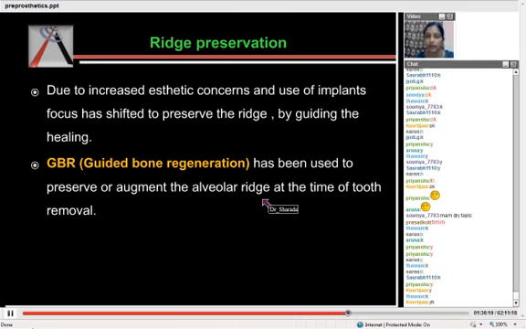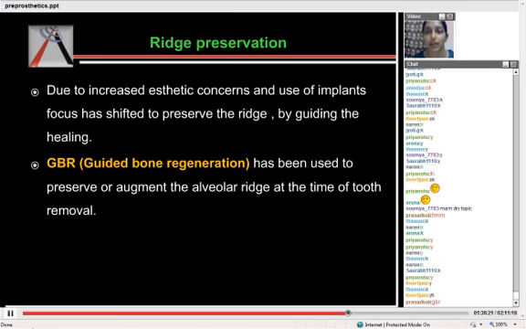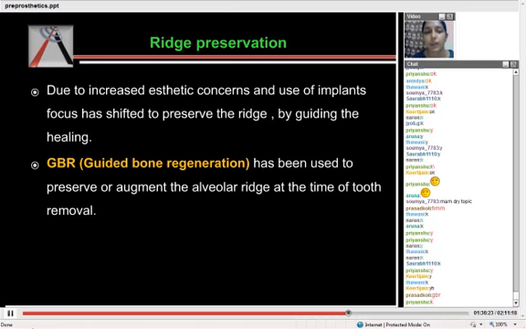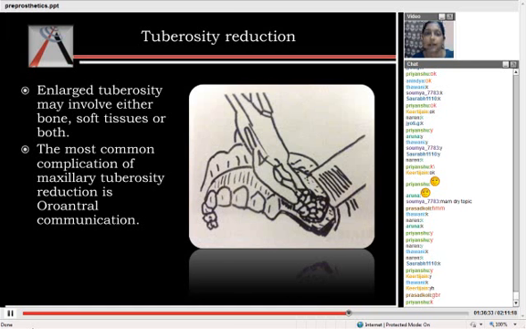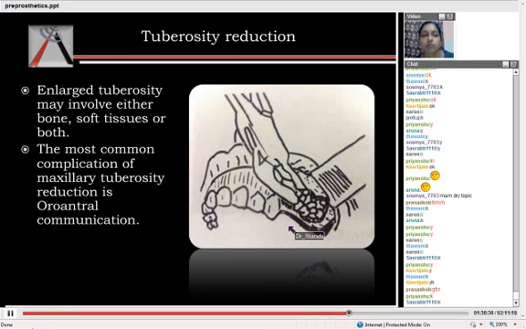Okay? So you tend to protect. These are the newer methods of protecting the alveolar ridge and even increasing it, augmenting it. Okay? GBR. So remember that. Okay? That is one thing. Hard tissue preparation, you all know. How do you remove your tuberosity reduction, right? You give a crestal incision.